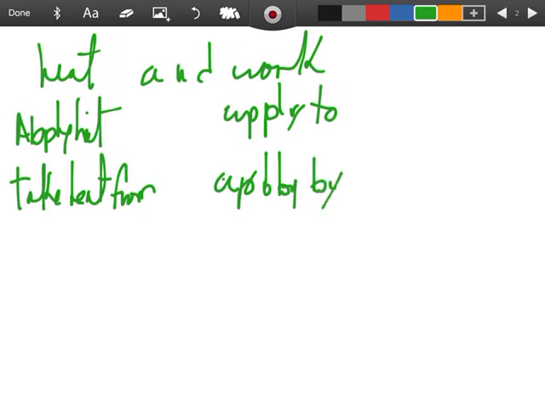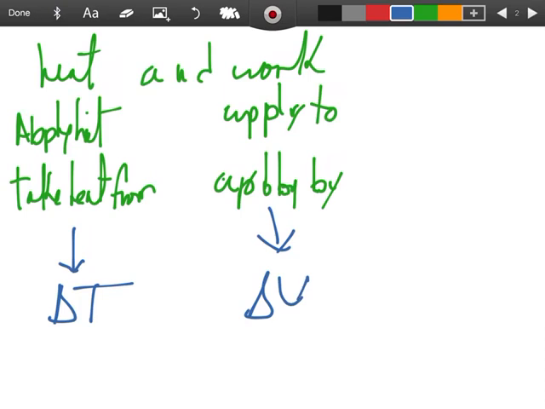to the surroundings, meaning that the change of heat, we can track it as if we were talking about the change of temperature, and the change of work, we're going to define it as the change of volume.